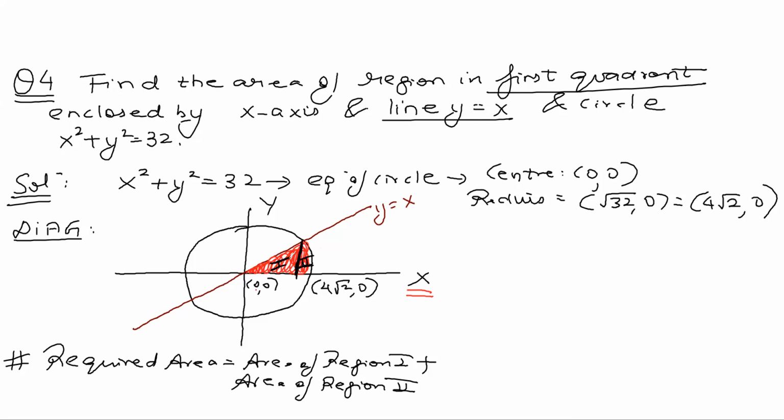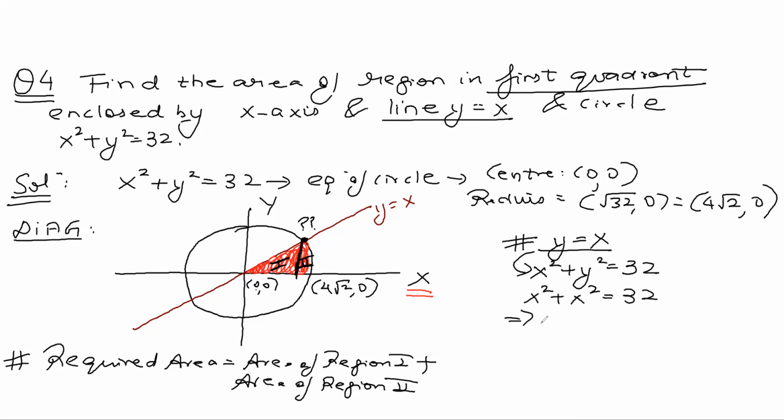Now, first of all, let us find this point of intersection. What will this point be? So y equal to x and x square plus y square equal to 32. So I can put y equal to x in this equation. So it becomes x square plus x square equal to 32, which implies 2x square is 32, which implies x square is 16, which implies x is plus minus 4.